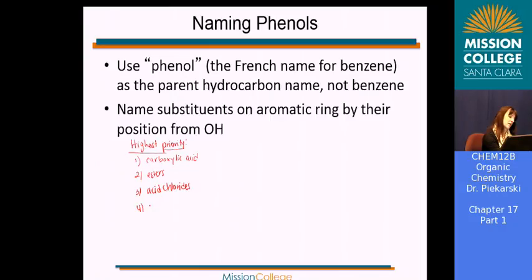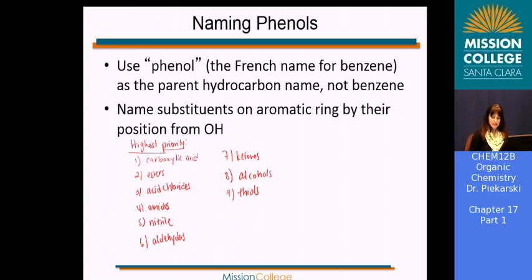The next one are amides, followed by nitrile groups, aldehydes, ketones, and then alcohols. So now you can see where alcohols fall into place. Followed by thiols, which are the analogs of alcohols but contain sulfur. Then we have amines, followed by alkenes.